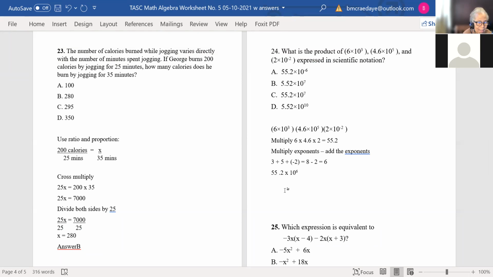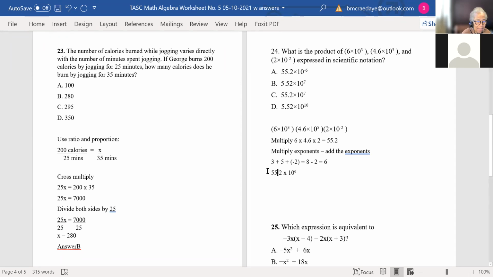That's a minus 6. What would be the answer? We only got 1 and 6 there. Then the other is 10 to 7, 10 to 7, 10 to 10. But this is a 55.2, right?